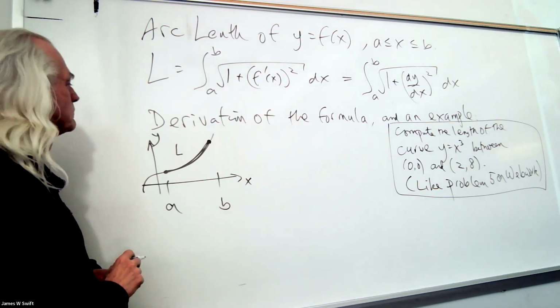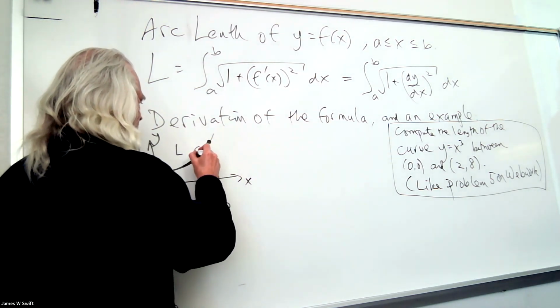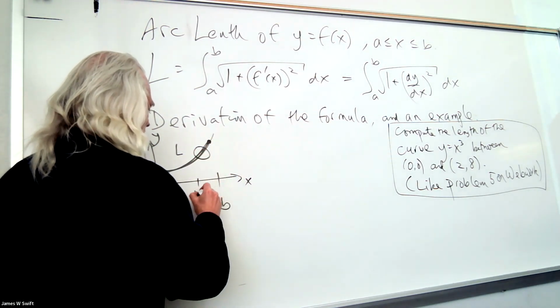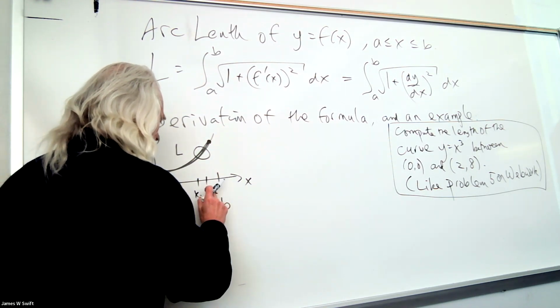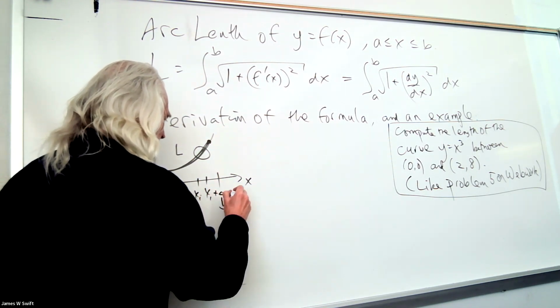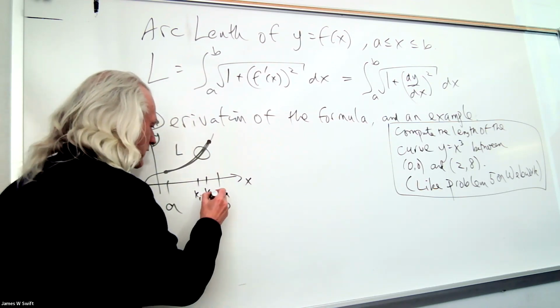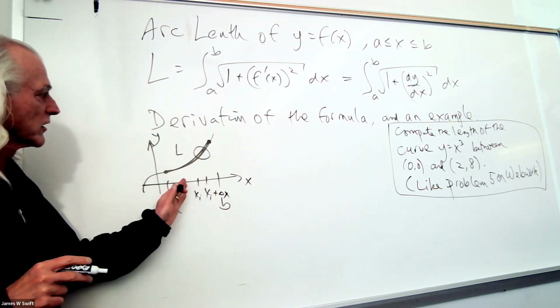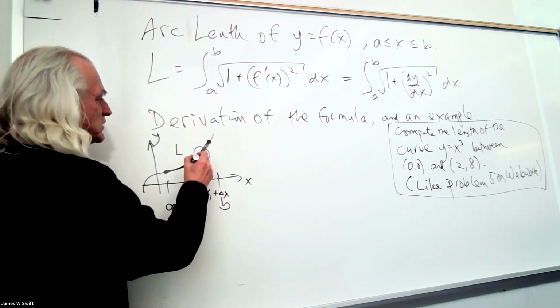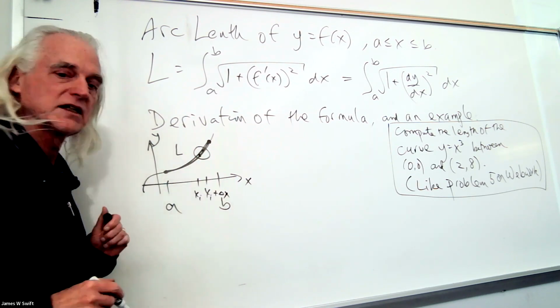If I focus on just that part, I start here at xi, and here I have xi plus delta x. I'm going to think about getting the length of the curve by adding together a bunch of lengths of little bits.